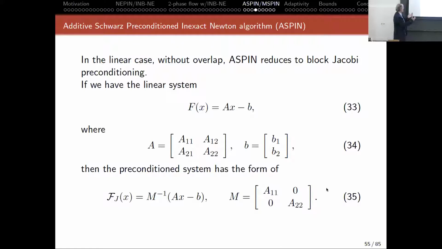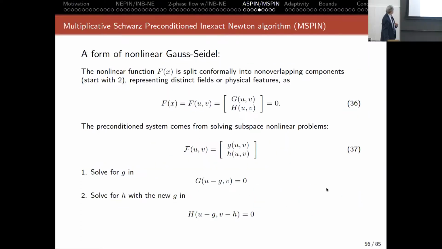You have a diagonal block preconditioning matrix inherited from the subdomains, and now we just generalize that to Newton solves in the subpartitions. Of course, this can be made multiplicative, as in a Gauss-Seidel method, where after eliminating in the first set for G, you take that into account in the elimination for the V's.